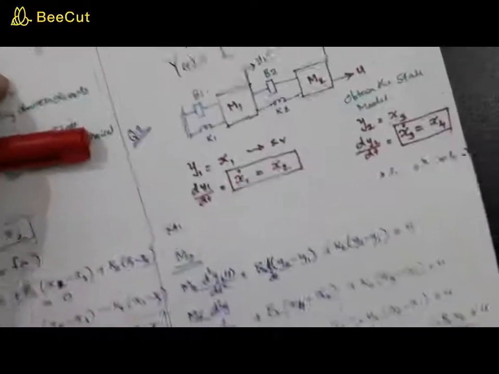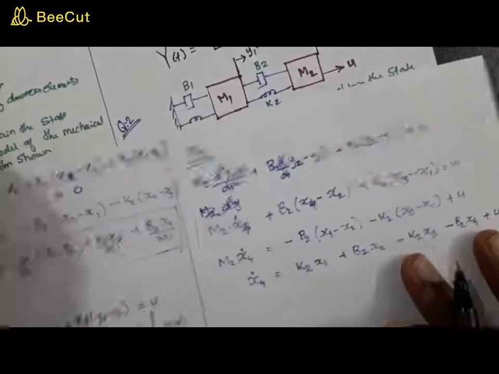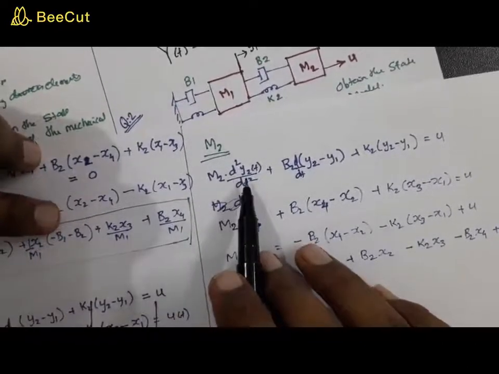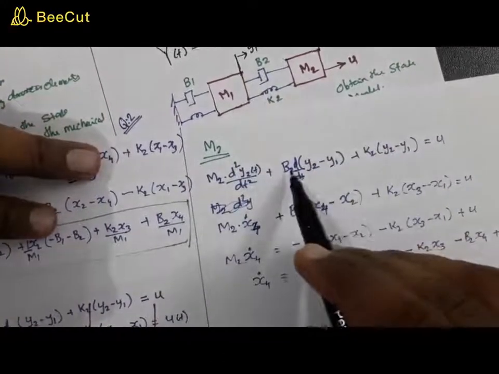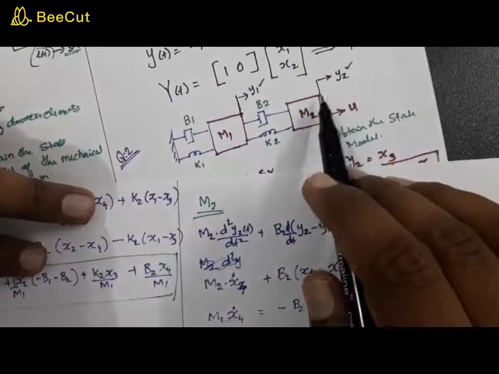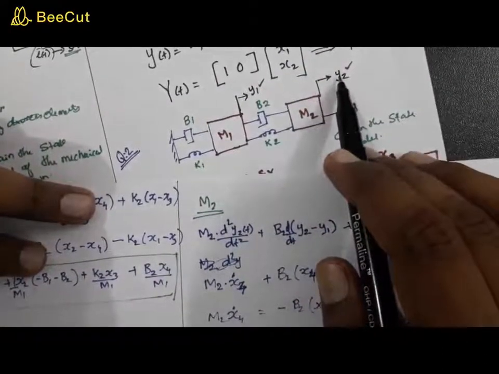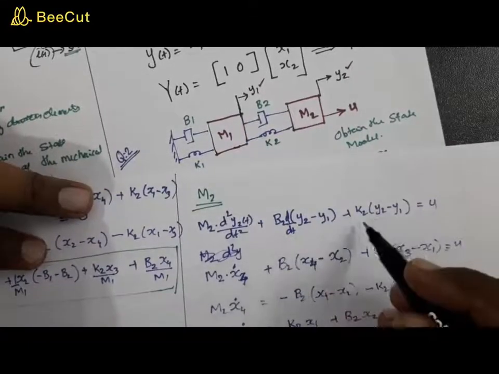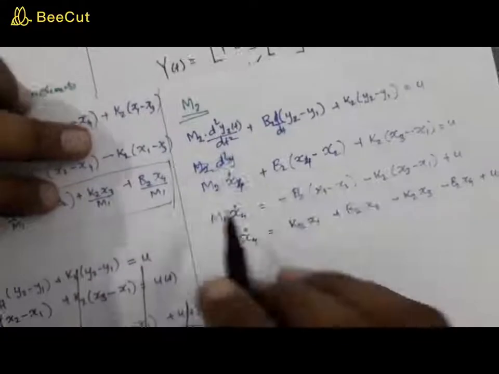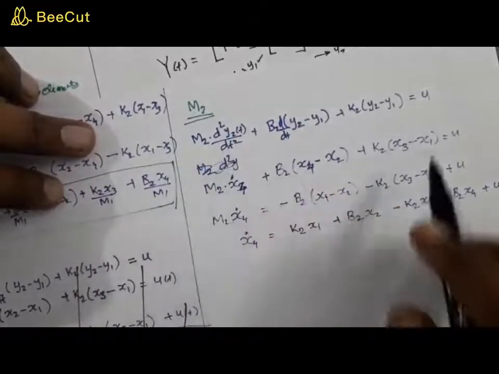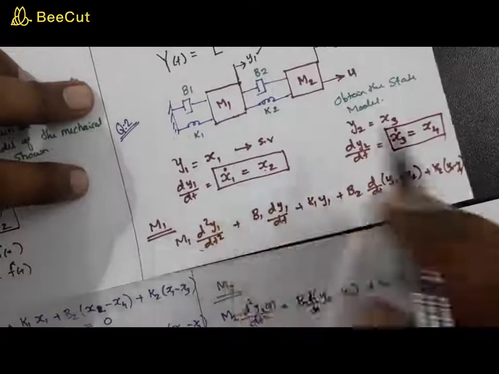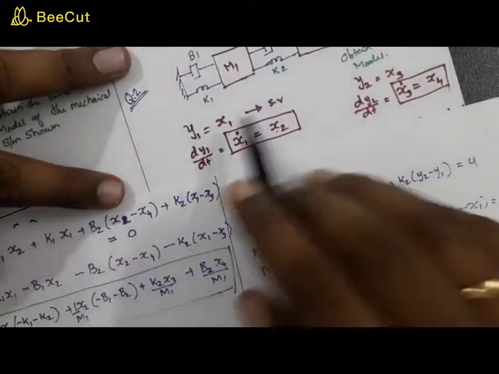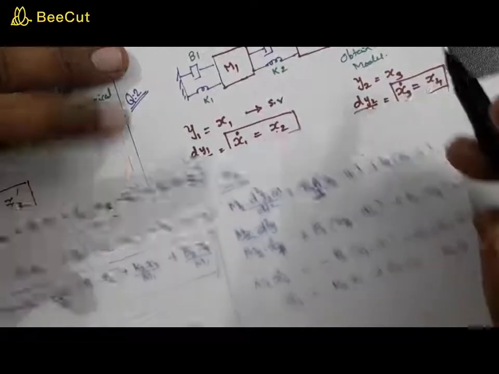Now similarly you can write the equation for m2 as m2 into d square y2 of t by dt square. Then you have b2 into the derivative of y2 of t minus y1 of t, plus k2 into y2 of t minus y1. Now from here, what are y2 and y1? y2 and y1 are assigned to be x3 and x1, and the derivatives of x3 and x1 are assigned as x4 and x2.